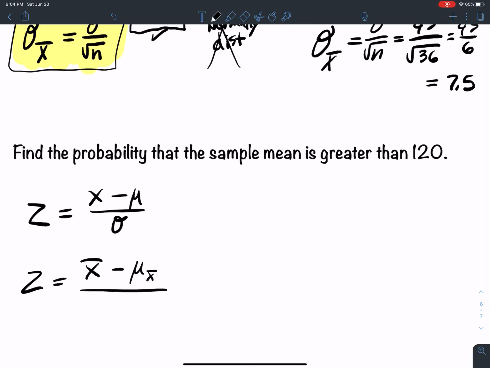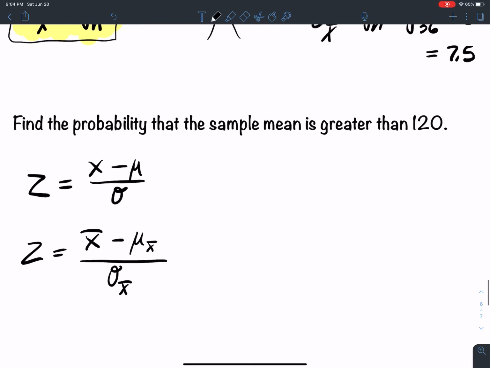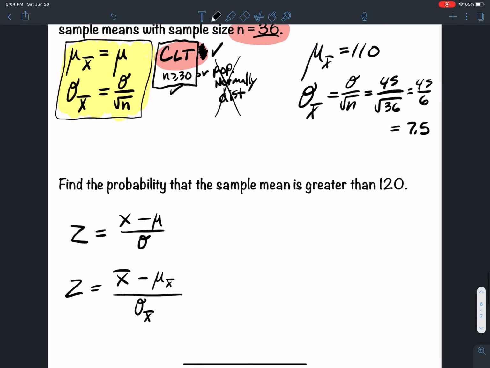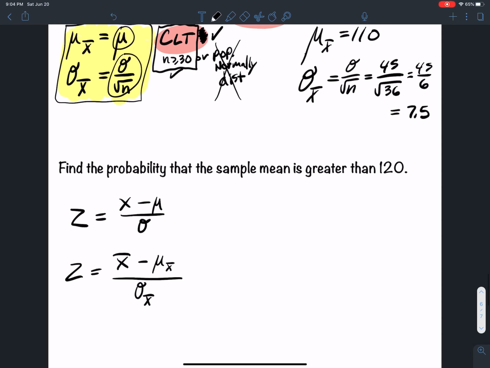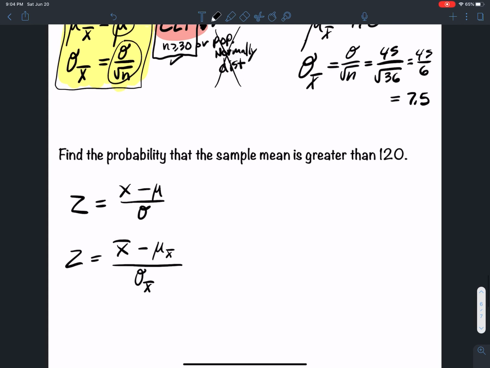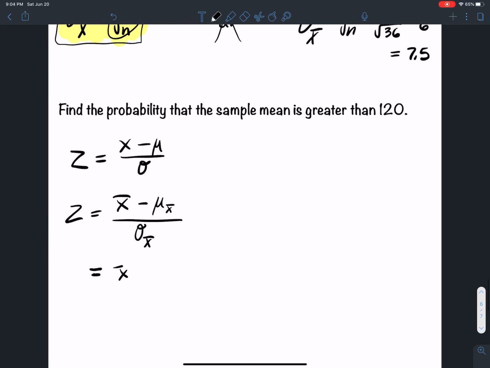What is the standard deviation? It's sigma sub x bar. With the central limit theorem, the mean is the mean, and the standard deviation is the standard deviation divided by the square root of n. So this formula becomes x bar minus the mean over the standard deviation divided by the square root of n. Very powerful formula.